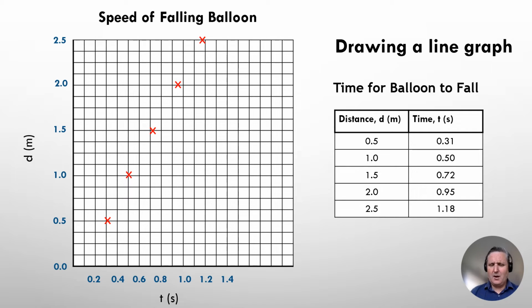So I know that the next decimal point, if it's an 8, is going to be an eighth of the way along this line here. So it's going to be closer to this line than it is to here, and a bit further away from the center between those two lines. So I'm trying to think of a scale between each line so I can plot each point accurately. This is an eighth across from this line to this one, and I've plotted that point. Now I've got all my points plotted.